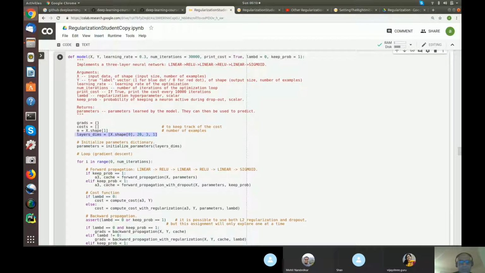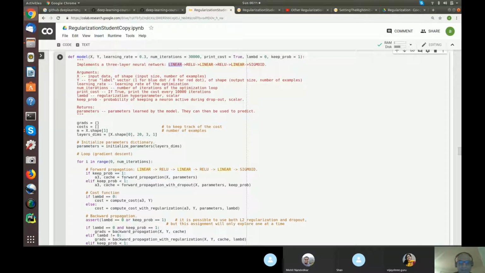So for a linear layer where all the neurons are connected to each other, that's one layer between the input and 20. And then we have a ReLU function. Then we have another layer between 20 and 3. Then we have another ReLU function.